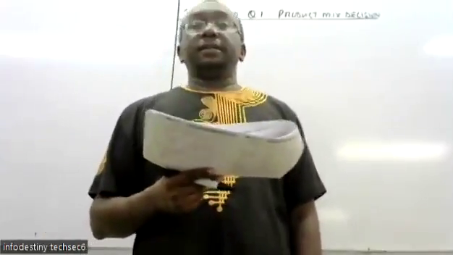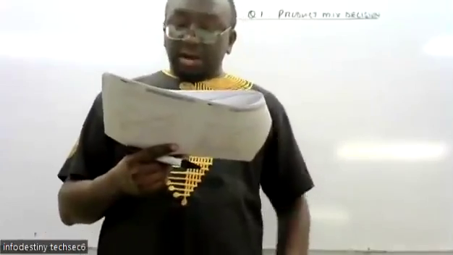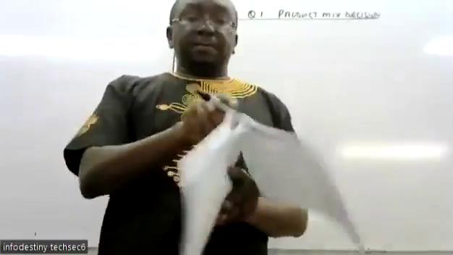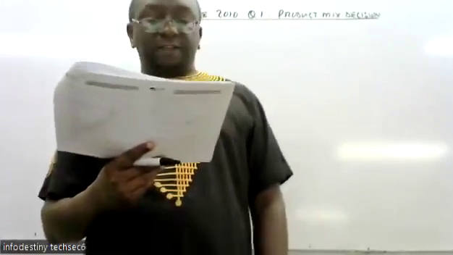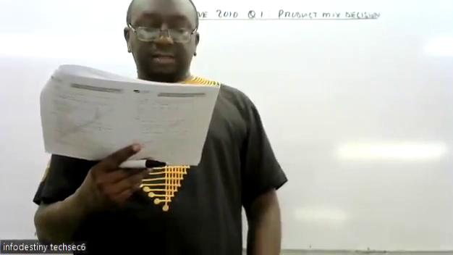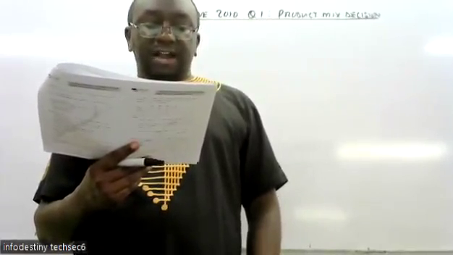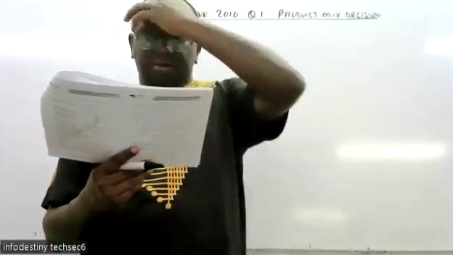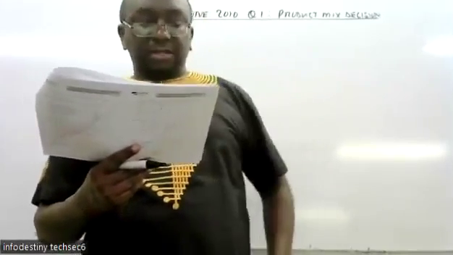Part B. Lego Limited manufactures 3 products, namely A, B, C. The data below relate to the 3 products. So we are given all that. Highly skilled labor is required for installation for the 3 products in the customer's premises. A maximum of 25,000 hours of highly skilled labor are currently available at 8 per hour during the production period.